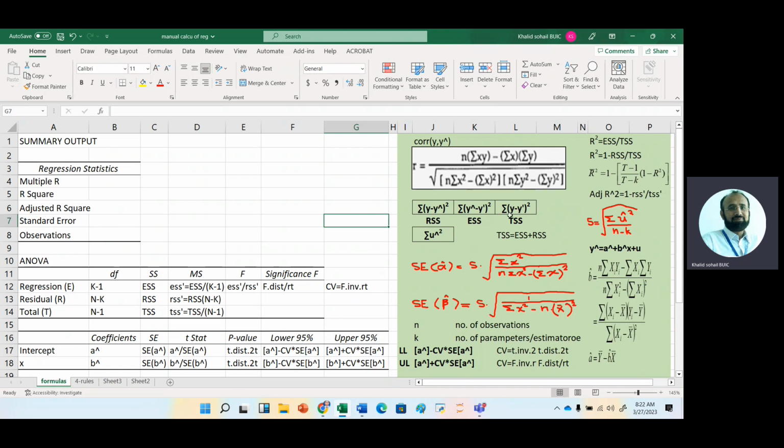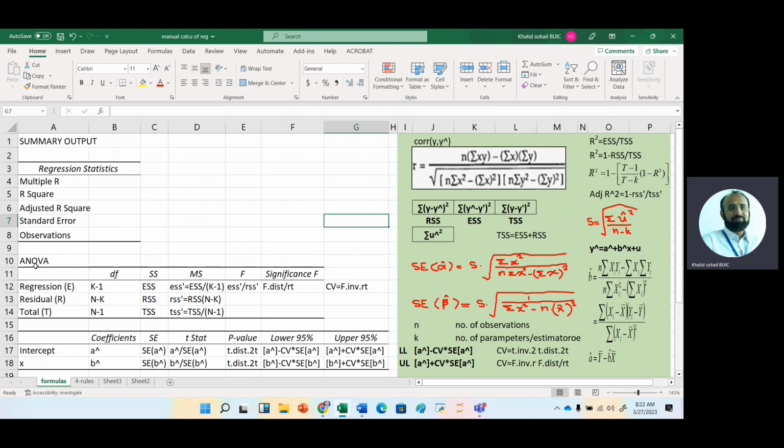And then we can use another formula for adjusted R square, that is 1 minus average RSS over average TSS. It's just like this one, R square and then adjusted R square. For example, you can note these notations. Then we have the total number of observations, that is n.